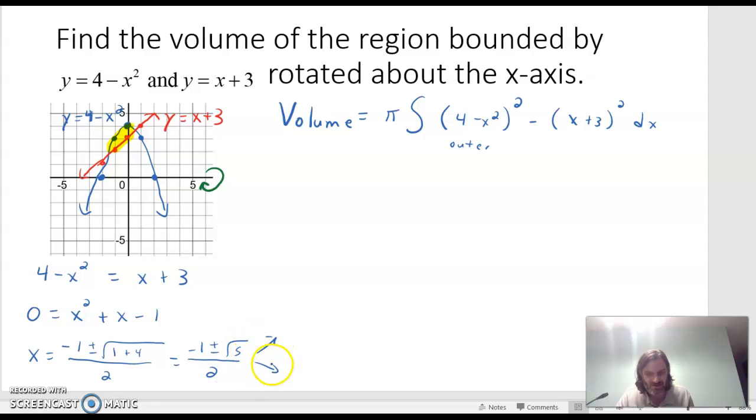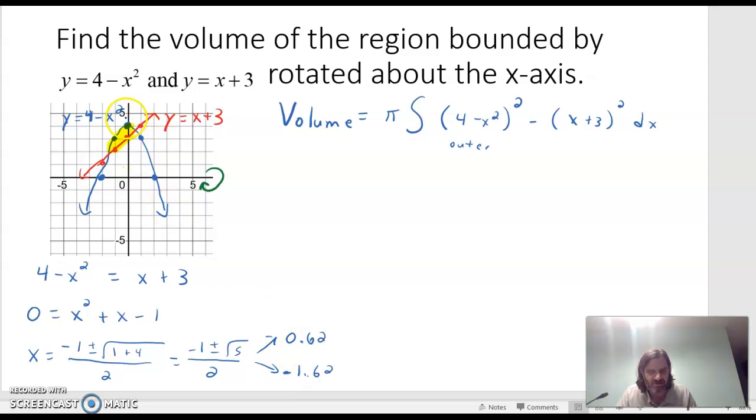I'm going to use my calculator to see what those are, because I feel like I'm just going to estimate it at this point. So negative 1 plus the square root of 5, divided by 2, gives me 0.62 as my estimate. And negative 1 minus the square root of 5, divided by 2, gives me negative 1.62.